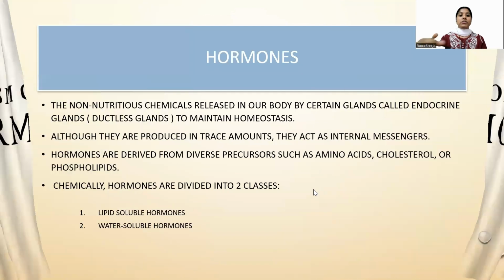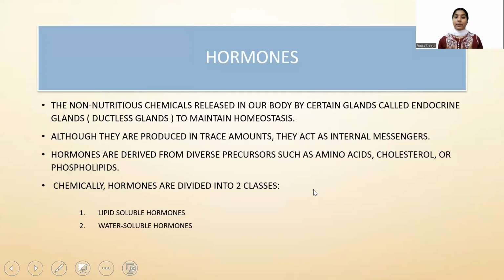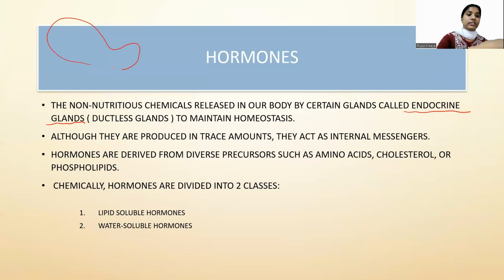Hormones are the chemical substances that are released in our body by certain glands called endocrine glands. These are also called ductless glands because they don't have any duct.